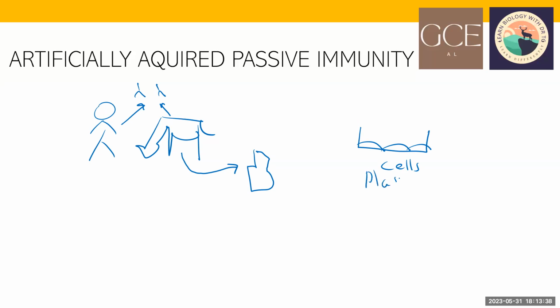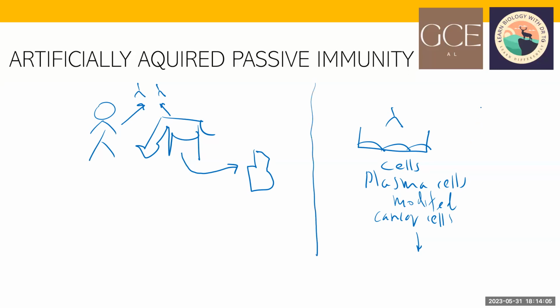Plasma cells. We can take plasma cells because plasma cells secrete antibodies. So we have to modify plasma cells using cancer cells. We fuse plasma cells and cancer cells, and then these cells divide many times, and we use this lab technique to produce antibody.